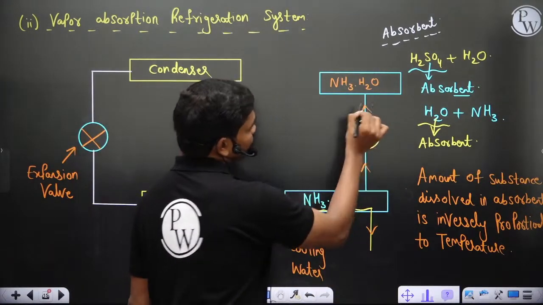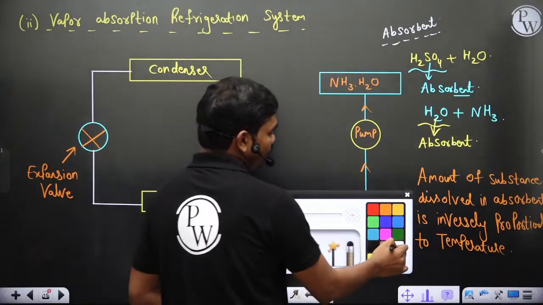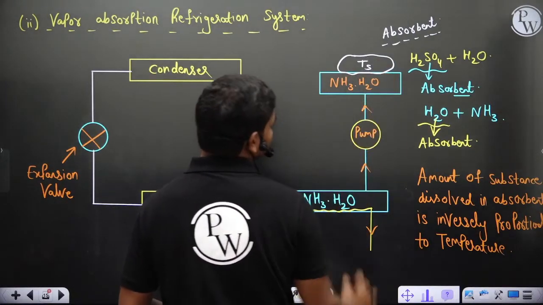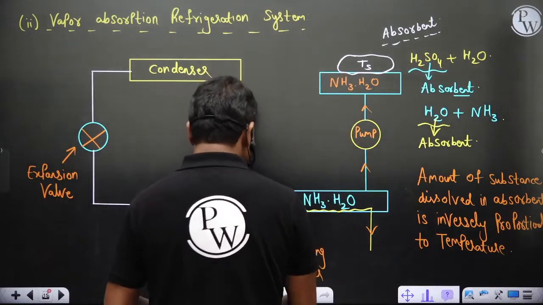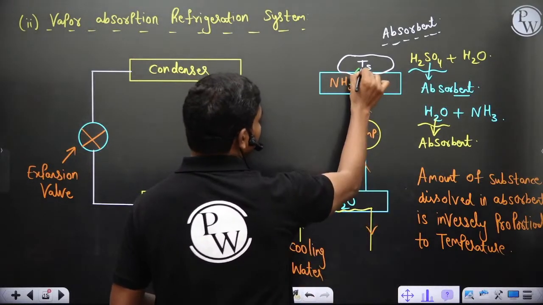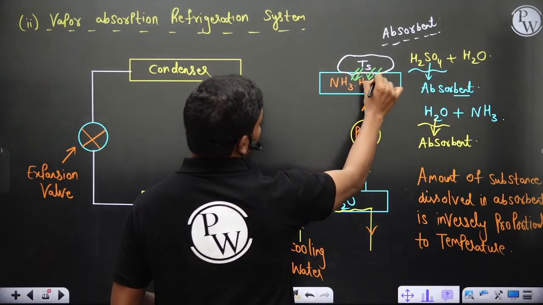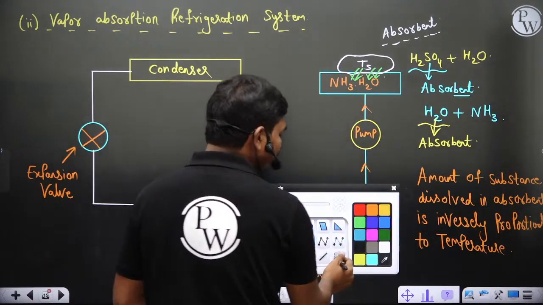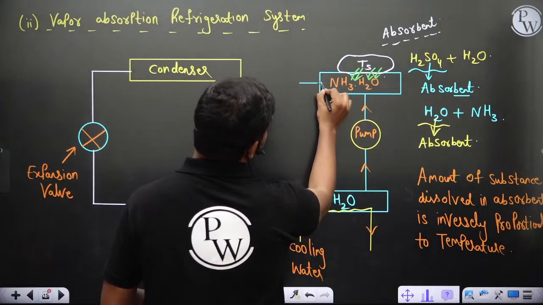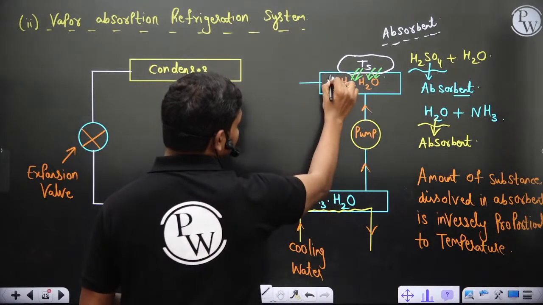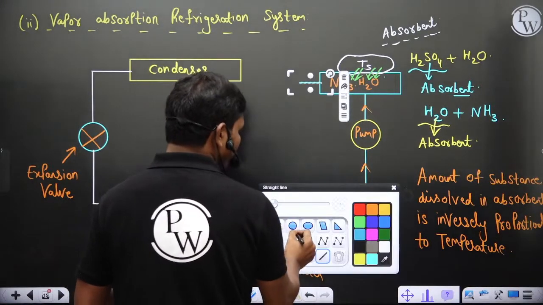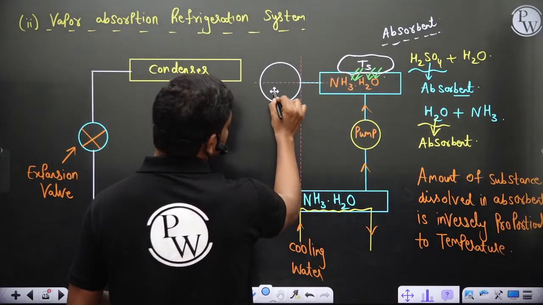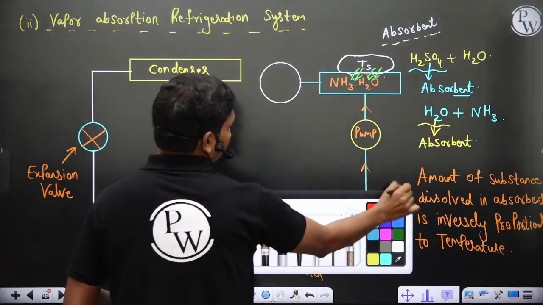Now, by bringing some source, let's say TS, we do a certain amount of heat supply to this. You might have studied something called rectification in your schooling, a chemical device which separates liquids depending on boiling points. Distillation, rectification, all these things. So there is a rectifier here.